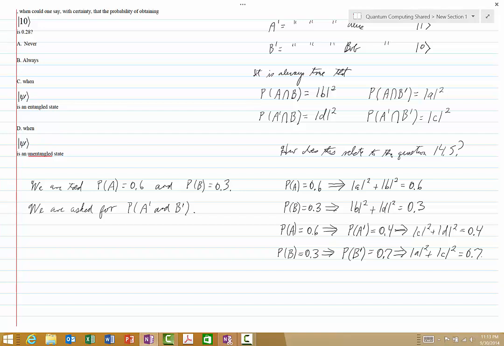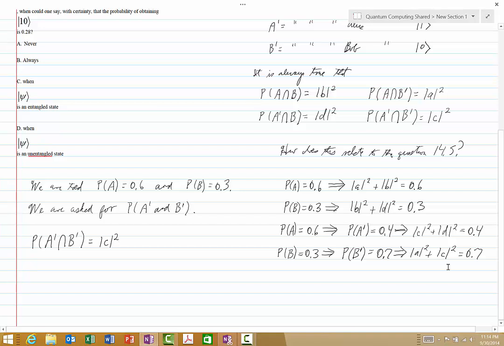But we are asked for P of A prime and B prime. Now P of A prime and B prime, as we have already identified up here, is the magnitude of C squared. And the question is whether or not we can deduce from this information what the magnitude of C squared is.